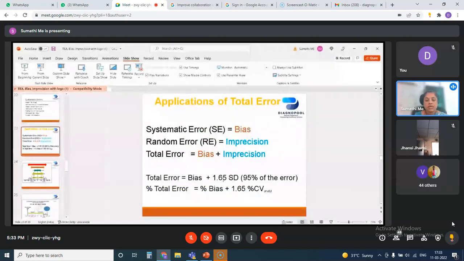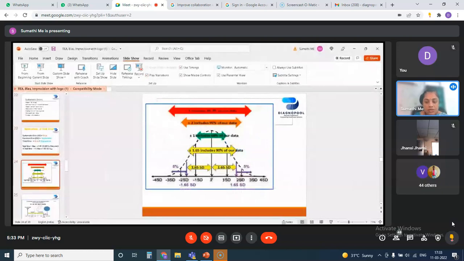As I explained earlier, I showed you a Gaussian curve. This is the data which is dispersed around the mean. This is the central tendency, and this is the dispersion. We have a limit of including 3 SD data points. When you take 1 SD, that is the green line you are seeing here, it includes 68% of your data points.